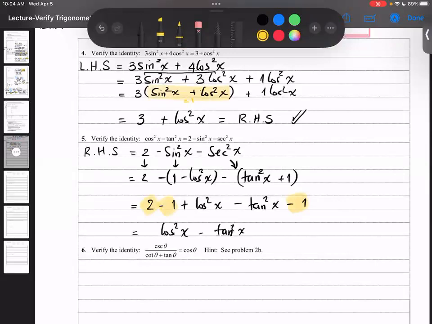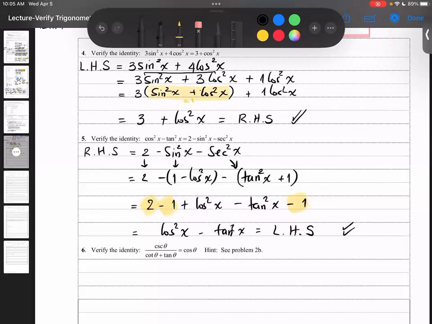You're done. Equal to the left-hand side. So like I said, you start from one side and then get it equal to the other side.